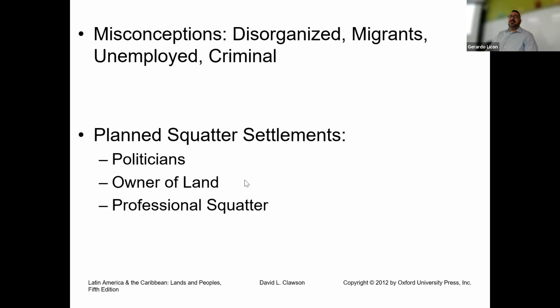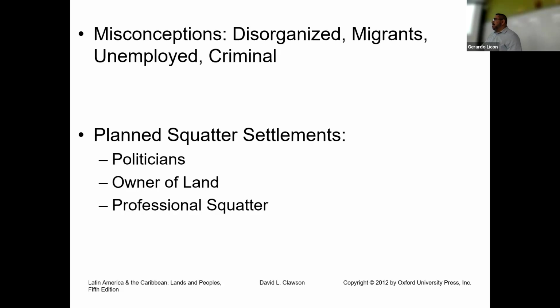There's the owner of the land, which can be counterintuitive for us. Why would the owner of the land want people to show up and squat on their land and call it theirs? Seems counterintuitive. But the owner might own a lot of land in the outskirts of the city, and might be ready to cash in. They can designate the least desirable part of their land for squatters.